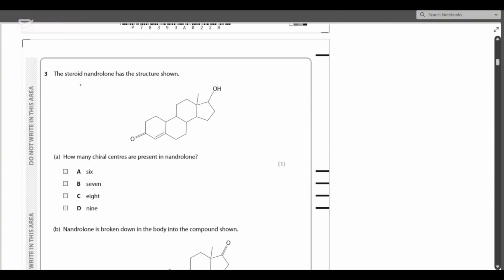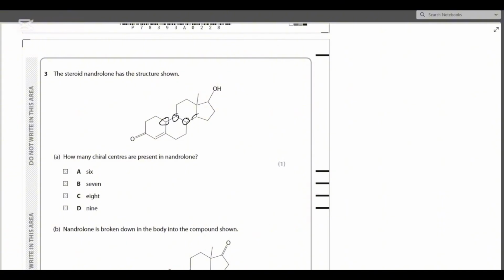Next one, it says the steroid nandrolone has the structure shown. They are asking how many chiral centers there are. If you count the dots right here, this is a chiral center, because we can clearly see that 4 different groups are attached. There is a chiral center here as well, and another right here, where you can see this group, this group, this group, and a hydrogen attached.